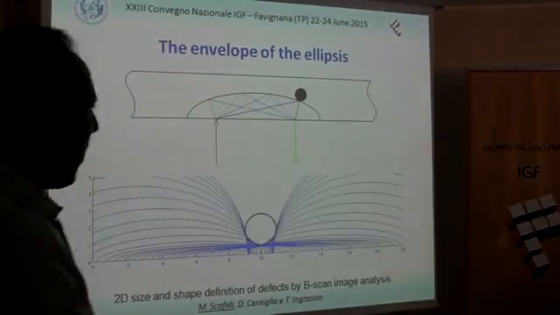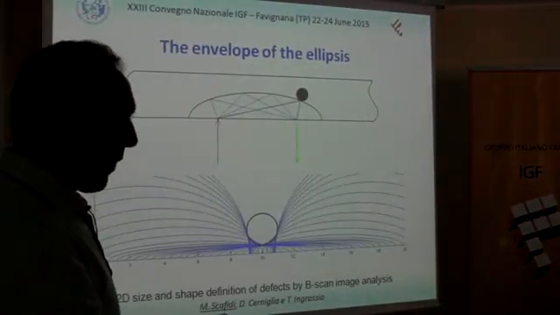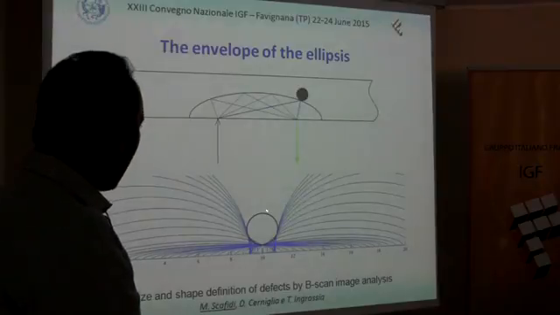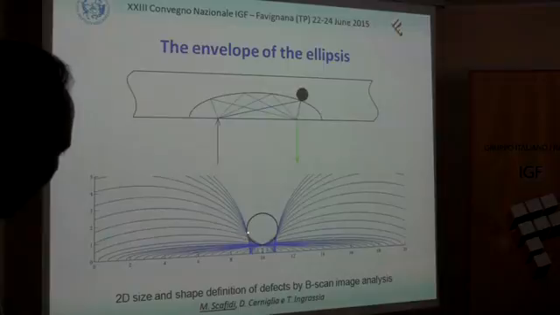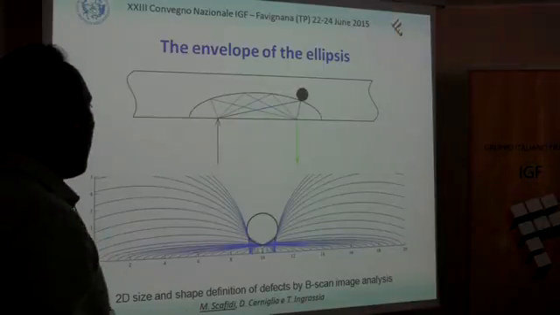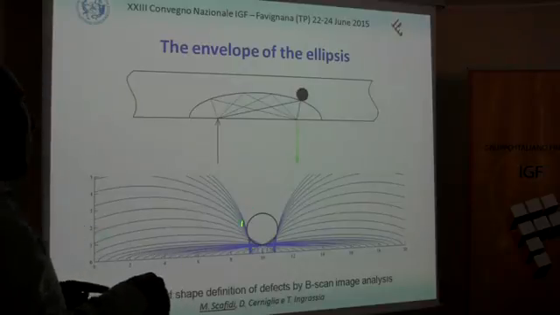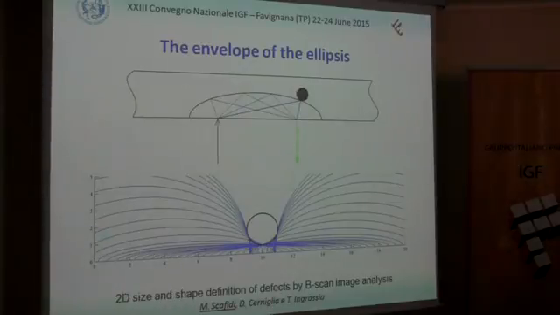The envelope of this parabola, this ellipse, can help us to find this part of shape. We construct an ellipse to this part of the envelope.